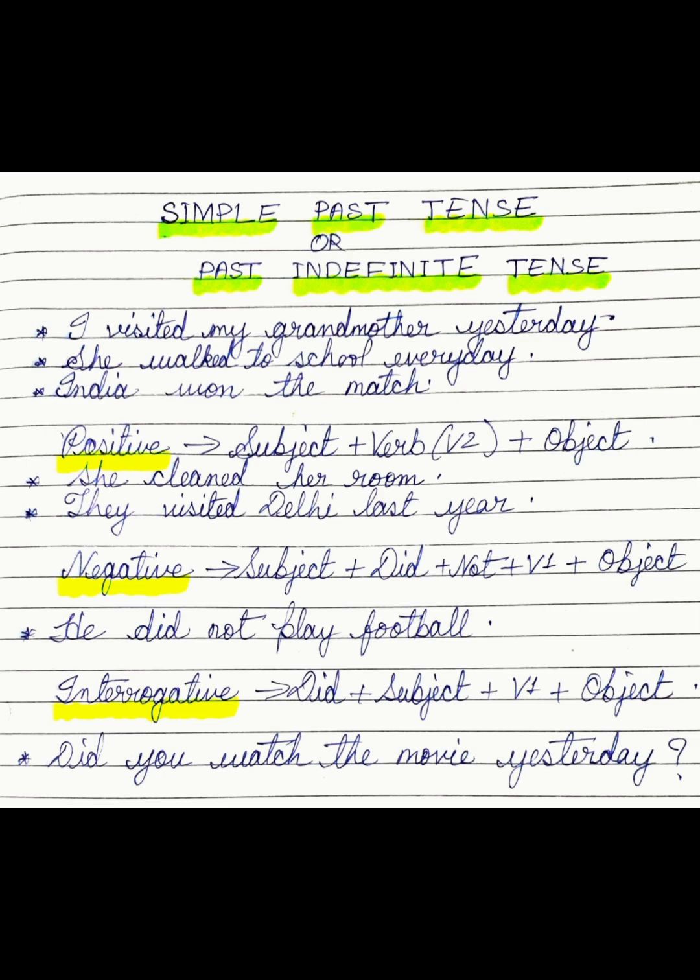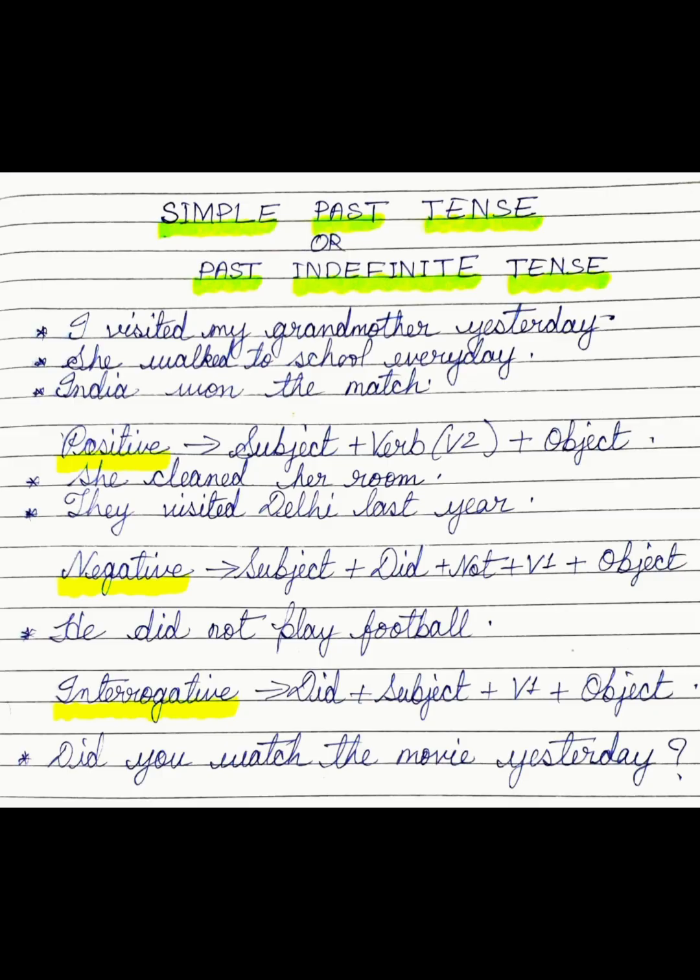Now come to negative structure. Subject plus did plus not plus verb first form plus object. Its negative structure is we use subject plus did plus not plus first form of the verb plus object.